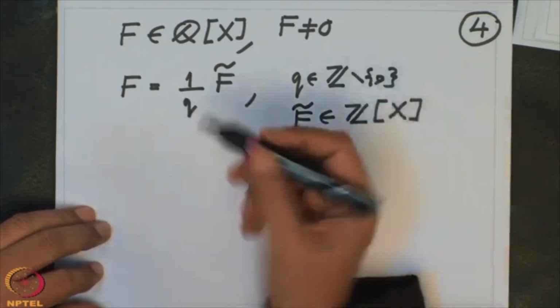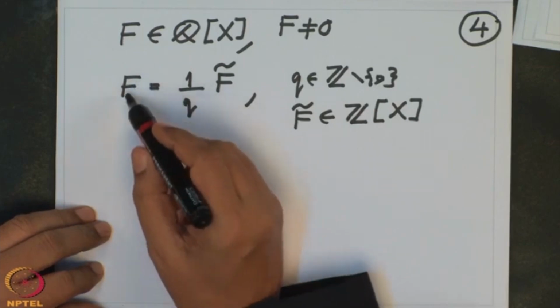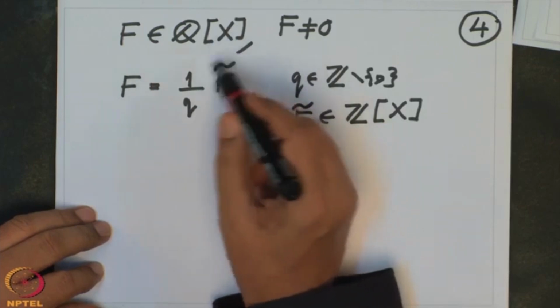So if I want to decide about reducibility or irreducibility of f in Q[x], it's enough to decide for f tilde.